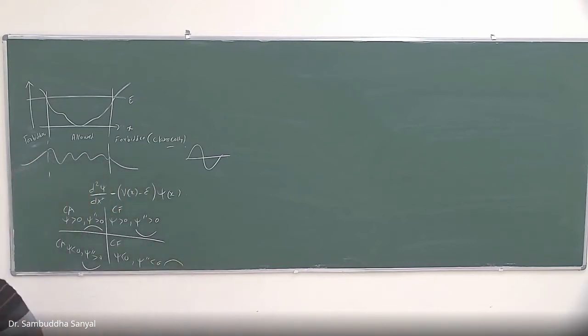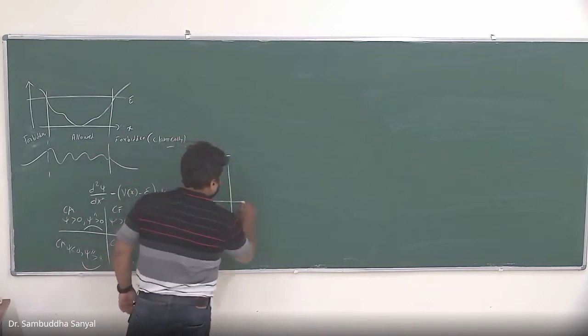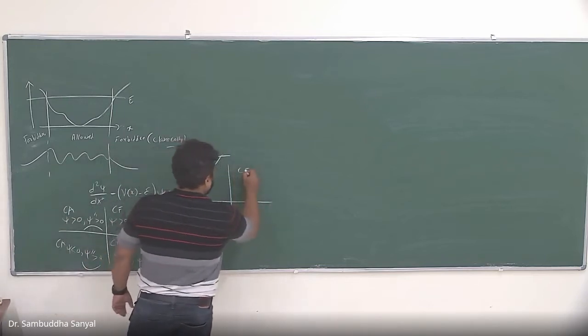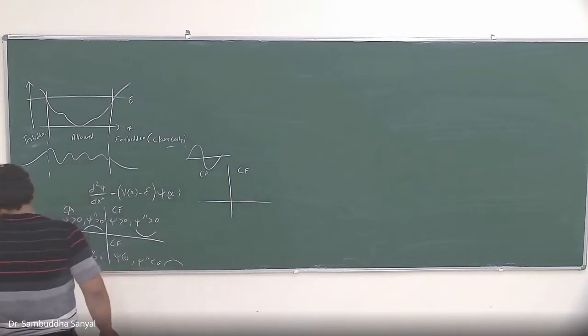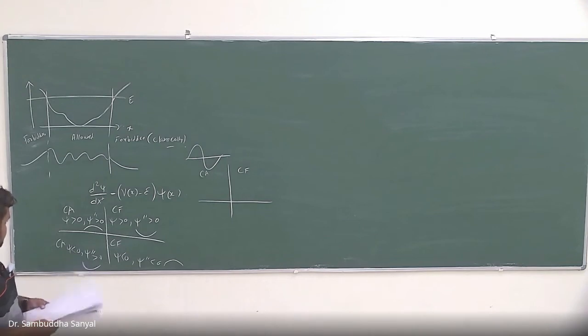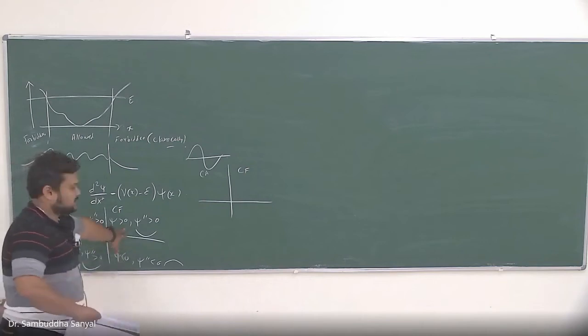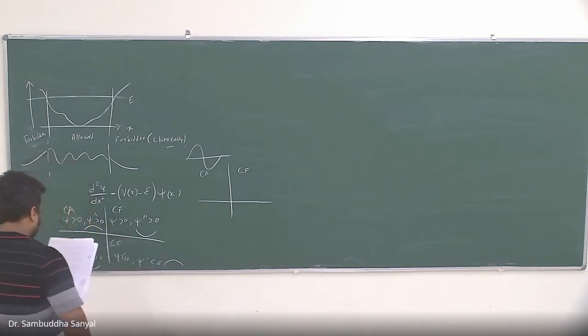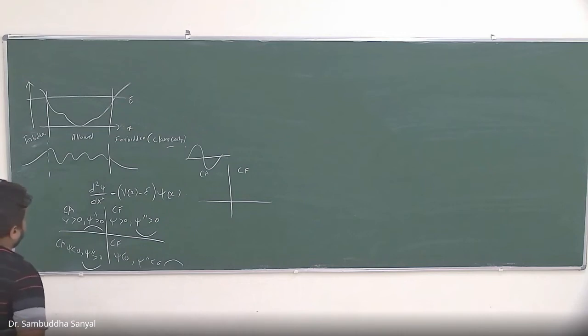Okay. So now let's see how I can fit this consistently with this picture. Let's say I give you two regions. One is classically allowed and one is classically forbidden. Classically forbidden means energy is less than potential, right? So if psi is greater than 0, then psi double prime should be greater than 0, right?